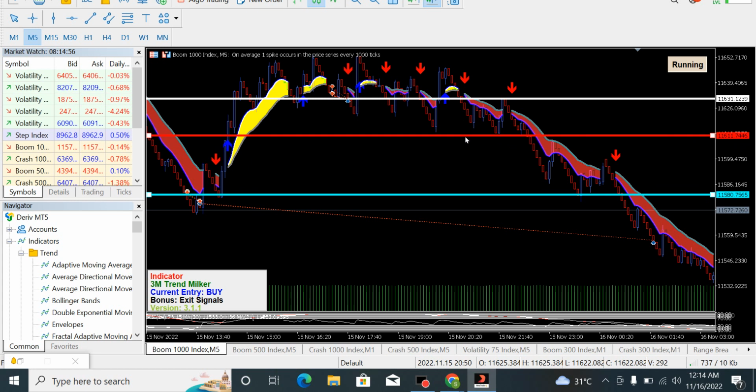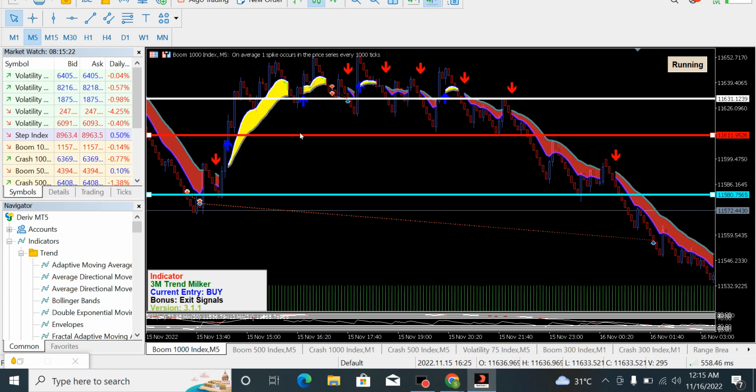So right here is a minor support zone, and that is where we are most likely to have a spike happening. This is very, very important. We are not sure if it will happen this time around, but it is most likely to happen around there. This is what I usually tell people.